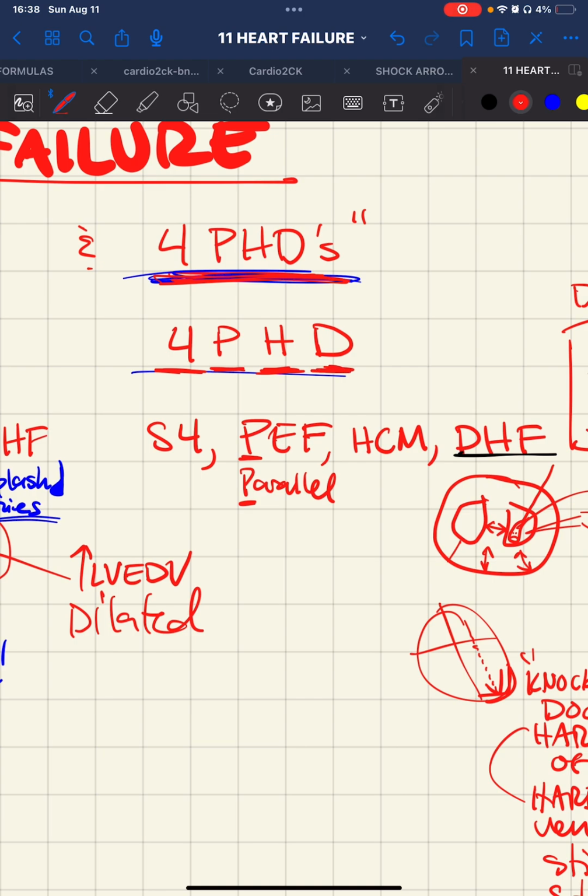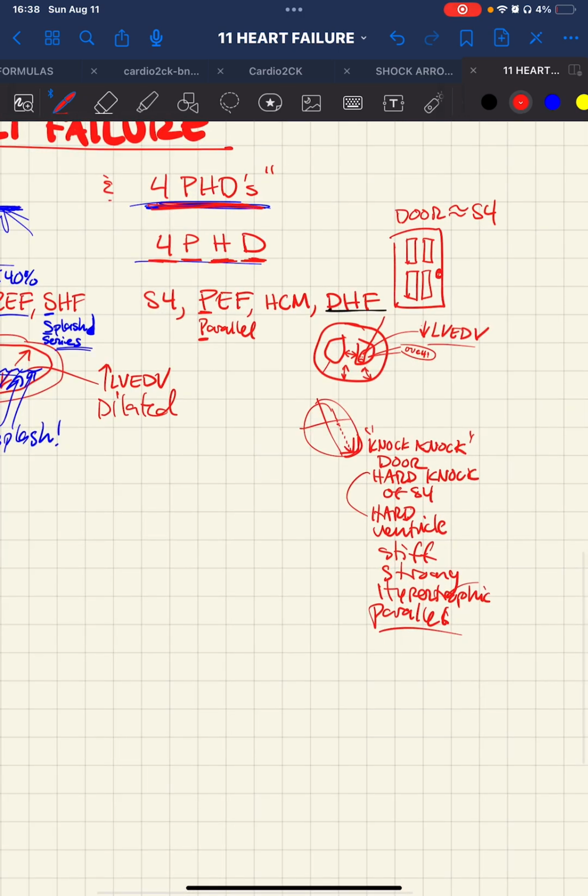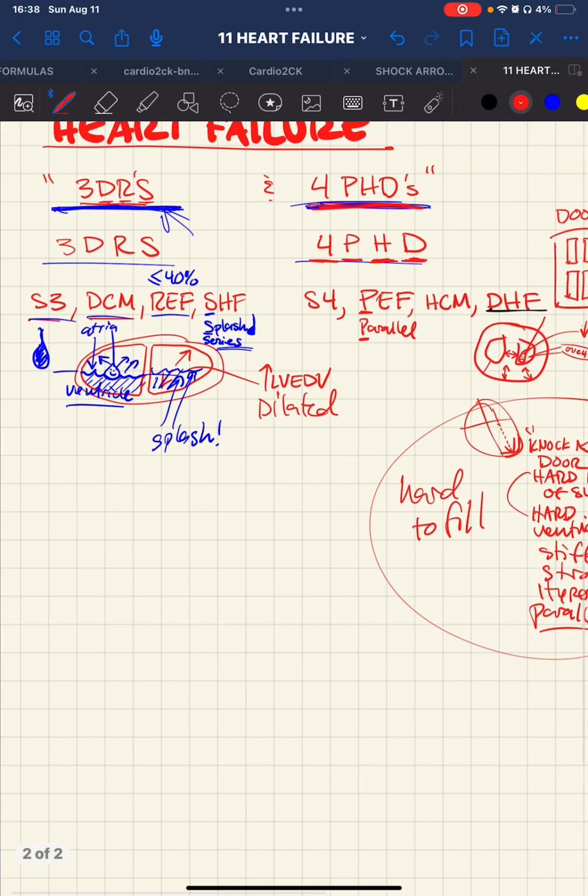Because it's a filling error. Cannot fill a hard ventricle. Cannot fill the stiff hard ventricles, right? Hard to fill. And this one's weak and floppy equals hard to pump.